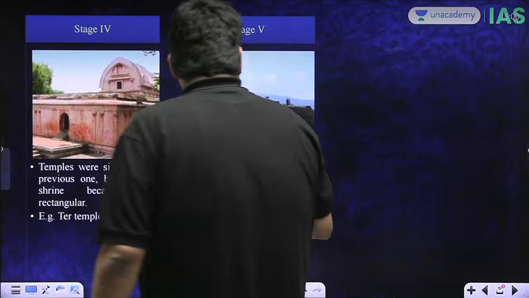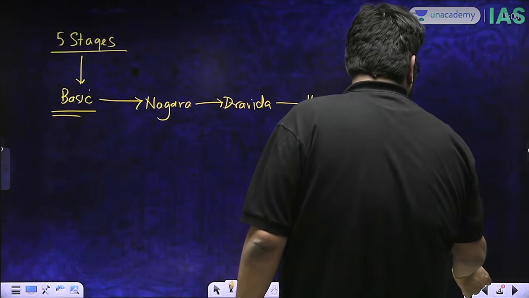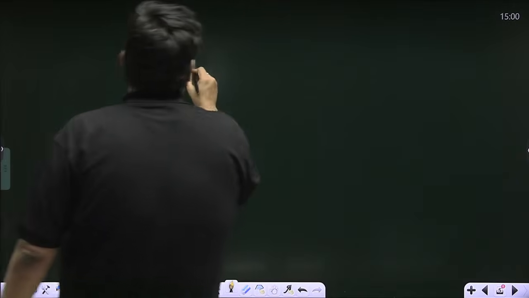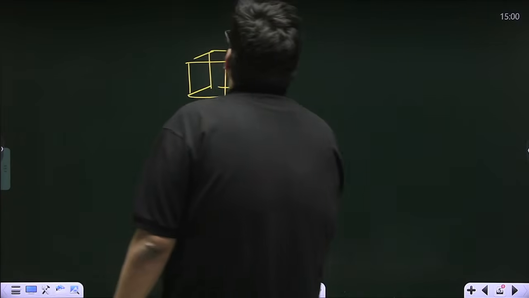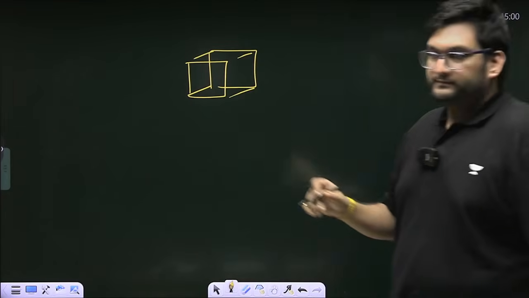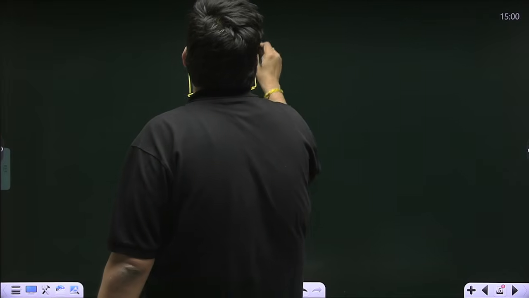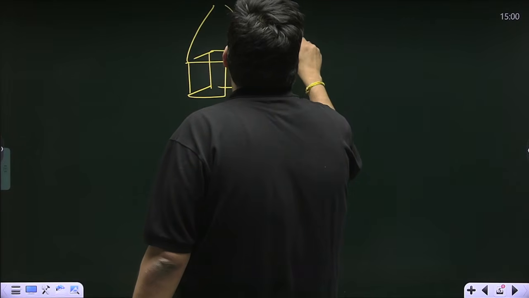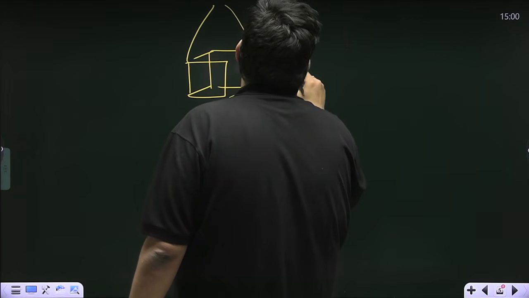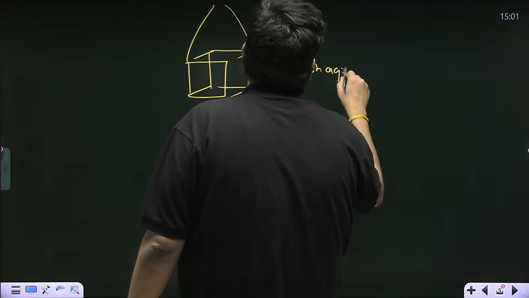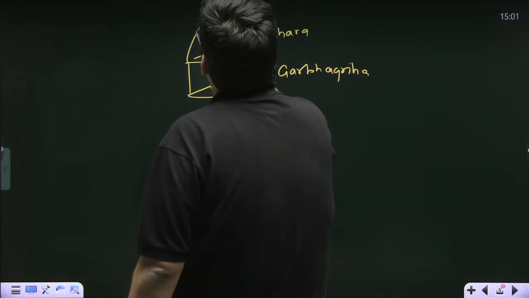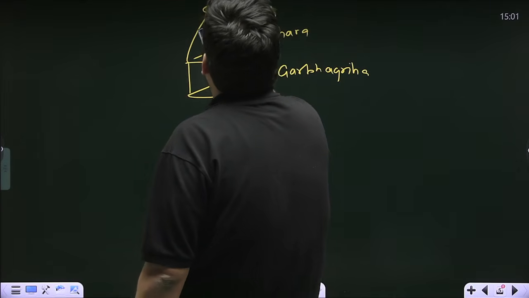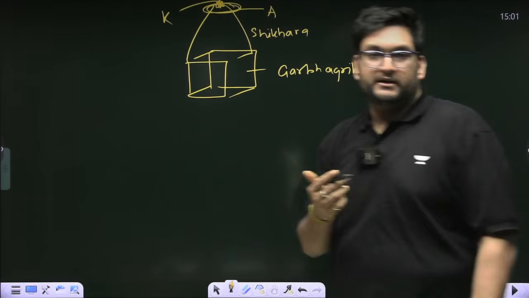Now, before I show you these concepts, see what makes a temple. The basic is the Garbhagriha, the sanctum sanctorum in which the god is there. Then you have the Shikhara. Along with that, the Amalaka and the Kalash, which are the crowning element itself.